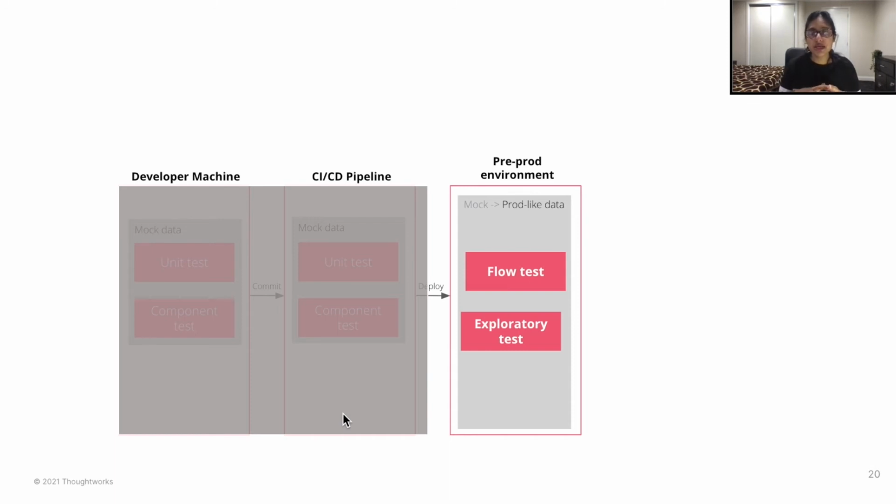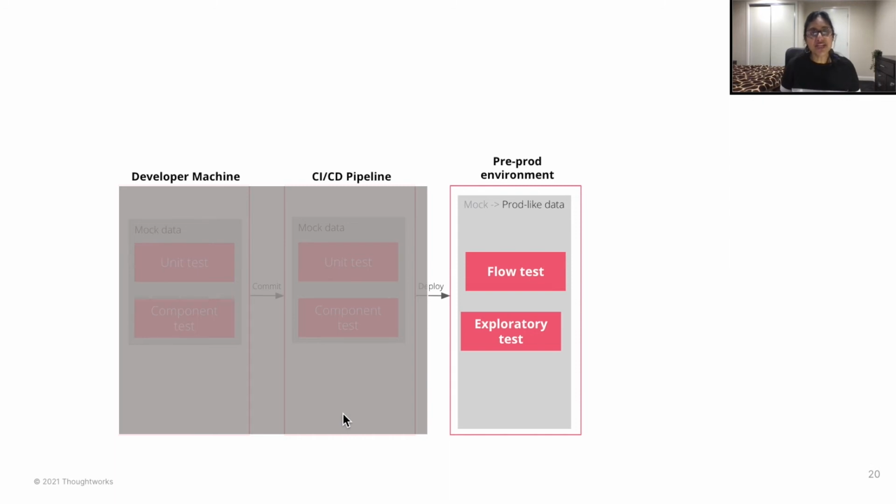And for streaming, you can simulate a producer to generate events. In lower pre-prod environments, this can run with mock data and can be scaled with a volume that's higher than what we used locally and in the CI/CD pipeline. And in the later ones, you can always use prod-like data.